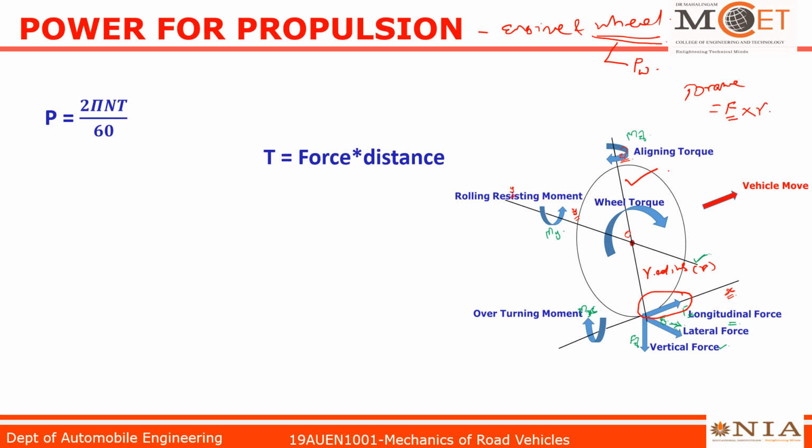The required amount of force here is resistive force. So I just take resistive force as capital R into radius of tire small r. Capital R is resistance, that is air, rolling and gradient.